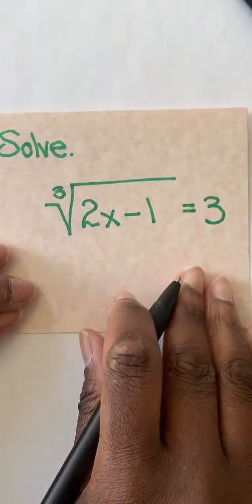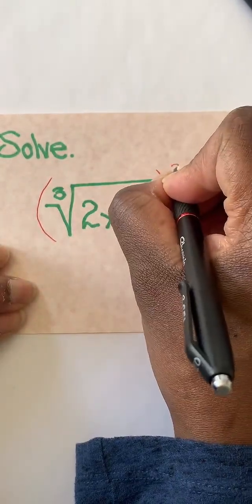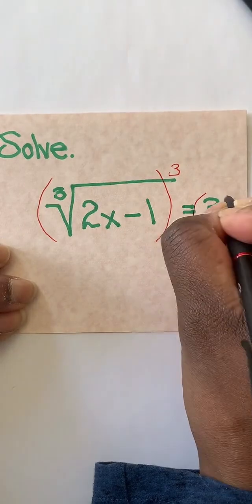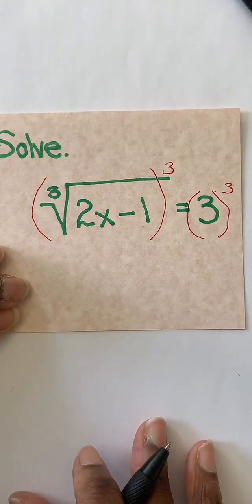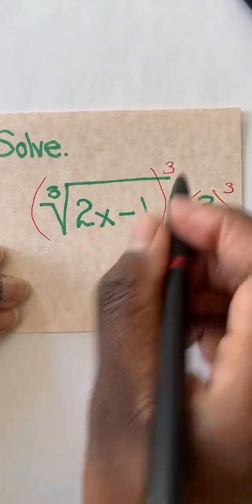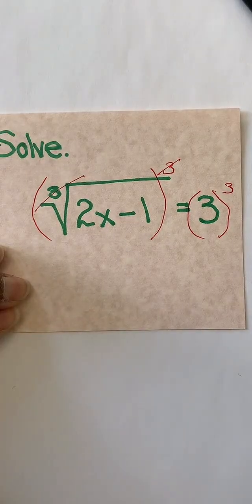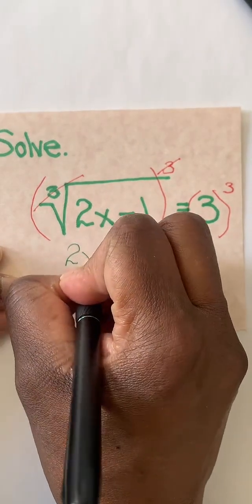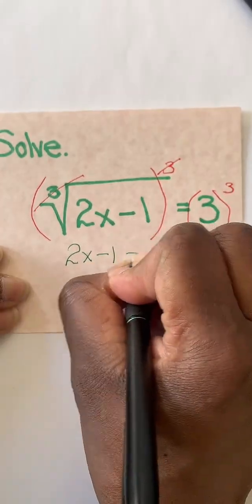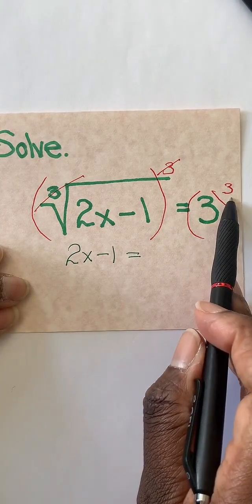We're going to cube. So that means we're going to raise this to the 3rd power. And whatever you do on one side, you do on the other side. What's going to happen here is this cube and this cube root are going to cancel each other out. So what's left is my 2x minus 1 is equal to 3 to the 3rd power.